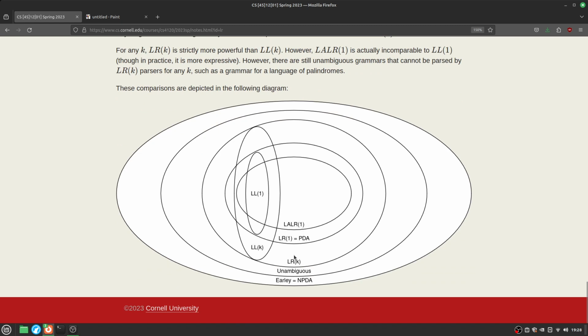Then LRK is more powerful than those, and it can parse anything that LLK can parse. Then unambiguous grammars. So LRK cannot parse all unambiguous grammars, but Earley, the non-deterministic pushdown automaton, can parse everything. It's pretty cool.